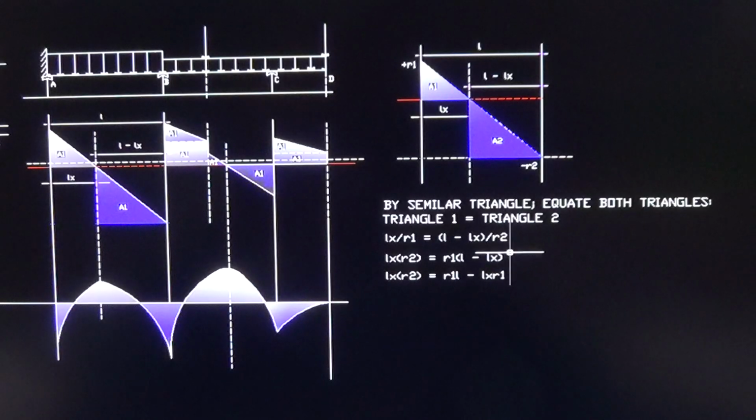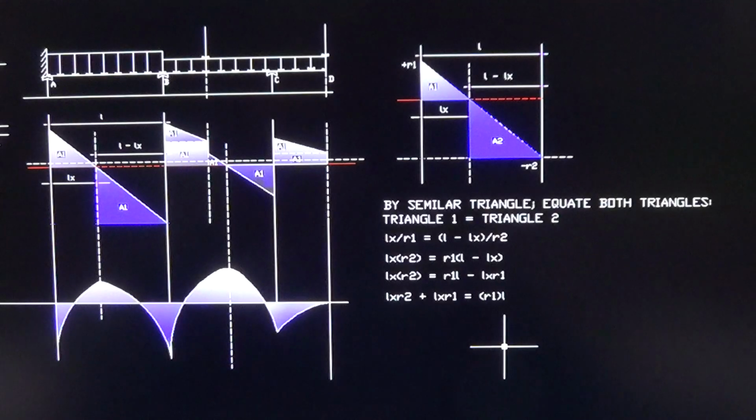Then you multiply this portion: R1 times L minus Lx times R1. You have Lx R1, and on the other side of the equation you have Lx R2. Okay, that's the first two lines of the equation.